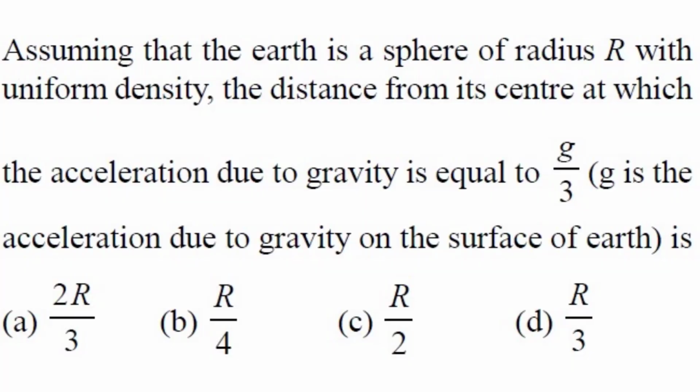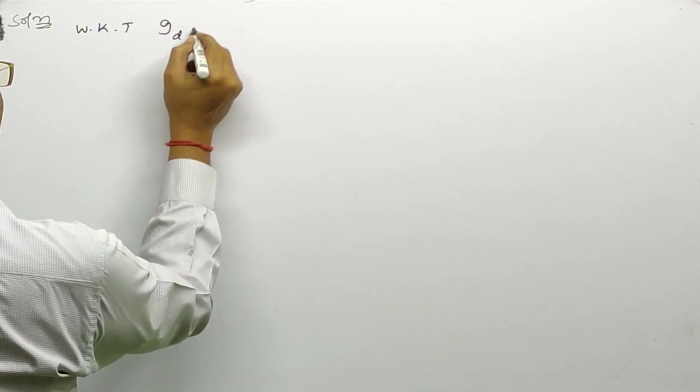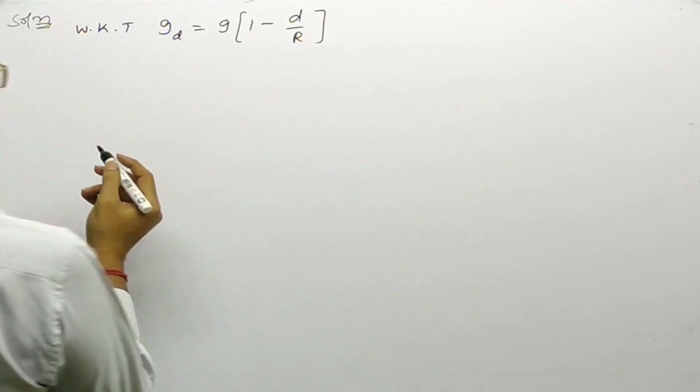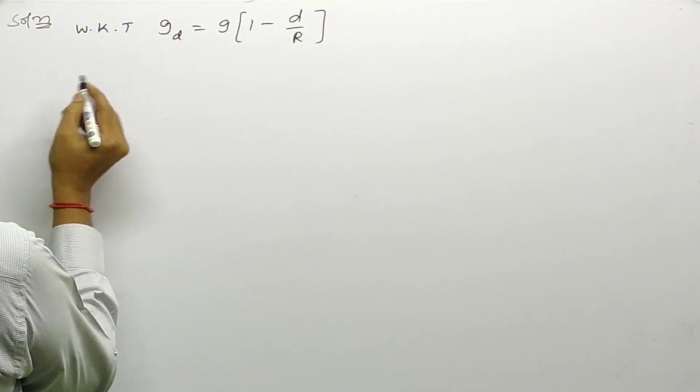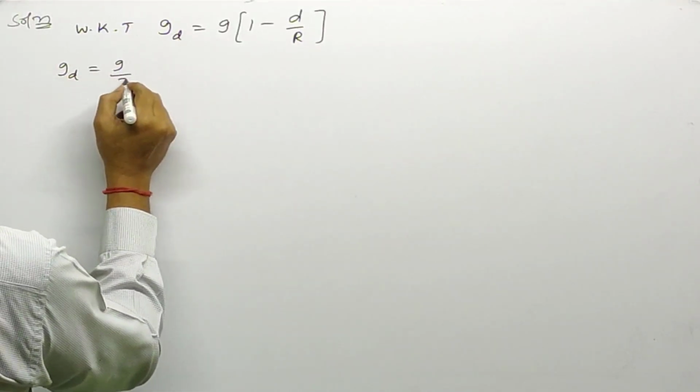Assuming that the earth is a sphere of radius R with uniform density, the distance from its center at which the acceleration due to gravity is equal to g by 3, where g is the acceleration due to gravity on the surface of earth, is? We know that g_d is equal to g into 1 minus d by R, where at a particular depth from the surface, g_d is given as g by 3.